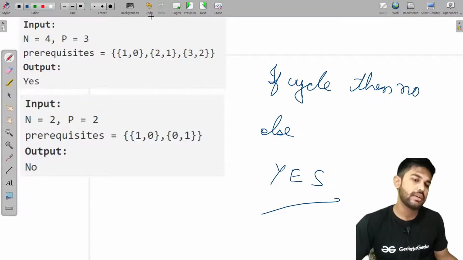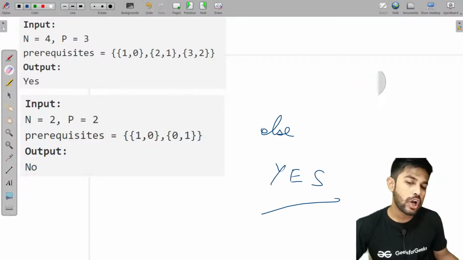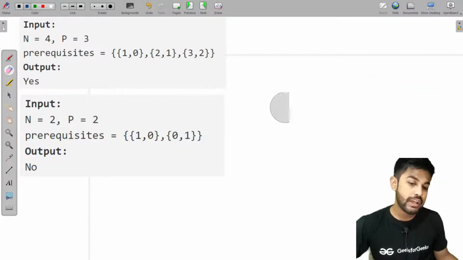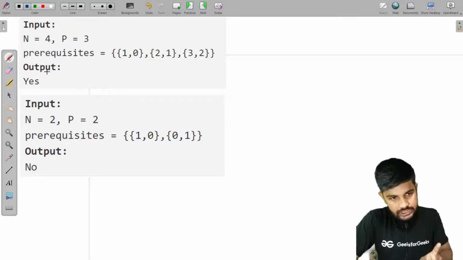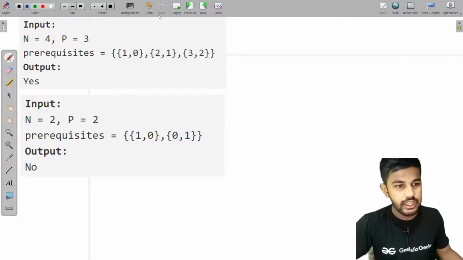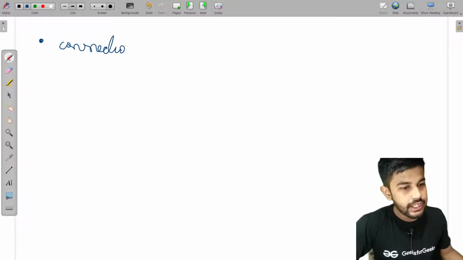No problem. Okay. So now we know that whenever we talk about connections and cycles, what are the observations here? The first one is connection.